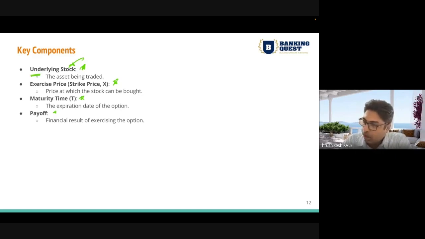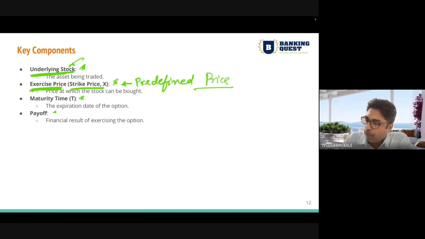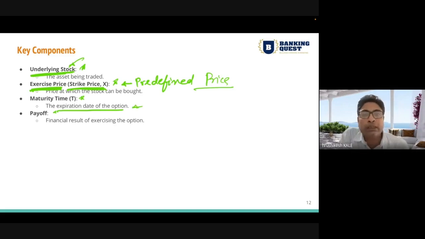That is your underlying stock. Then you have exercise price, strike price, which is nothing but a predefined price. Then you have maturity. After 3 months, 4 months, 5 months, how much time is remaining to the expiry of the option, and that is called maturity of the option.